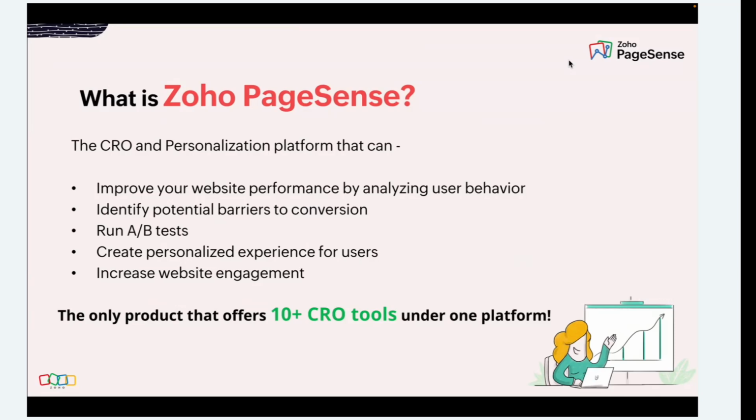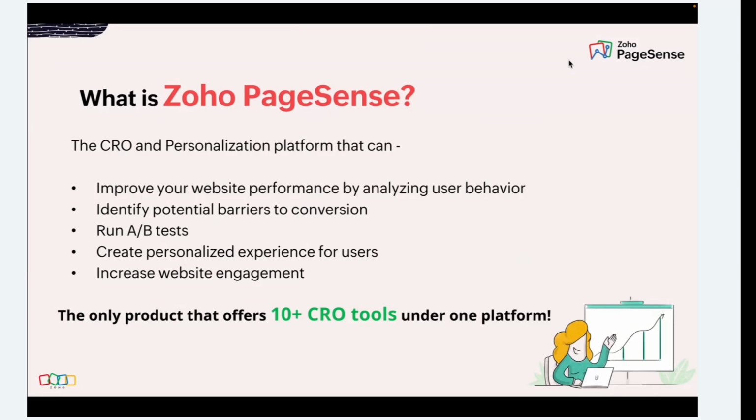We also have a personalization tool that allows you to create a tailored experience for users on your websites. Now, we also have an entire module solely for engagement. This includes polls, push notifications, and pop ups to increase website engagement and provide you with valuable insights directly from your users. And we are also the only CRO product out there that offers 10 plus CRO tools under one platform.